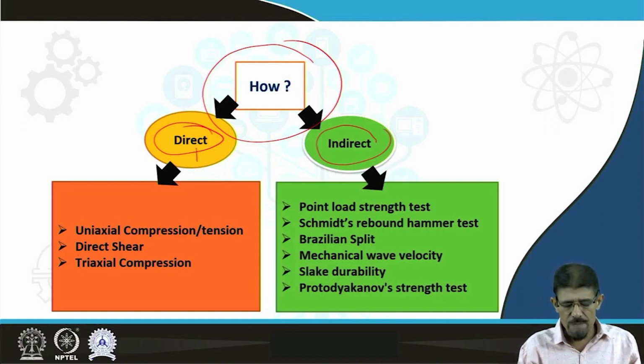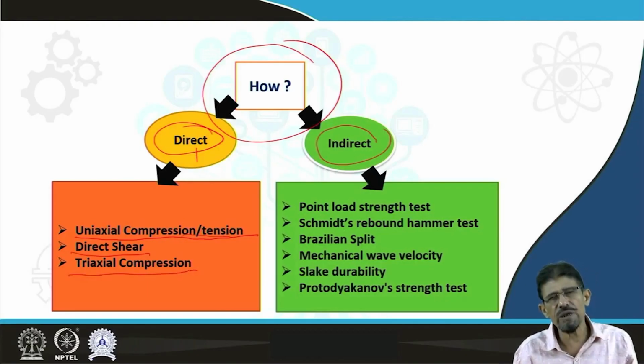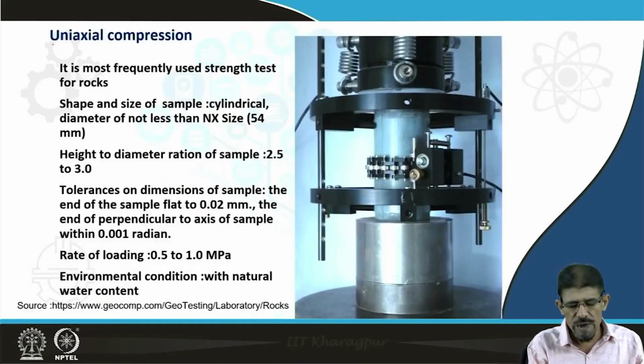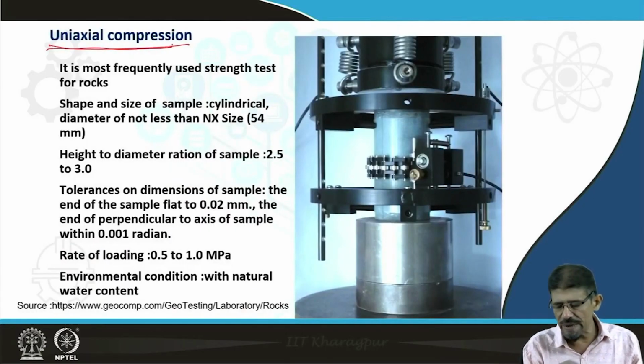In the direct approach, we have uniaxial compressive strength or uniaxial tensile strength, then direct shear strength, then the triaxial compression induced shear strength. In uniaxial compression, here quickly we are going to summarize.